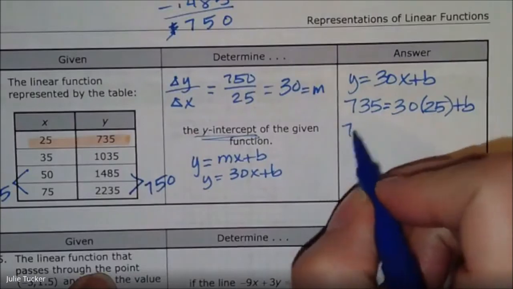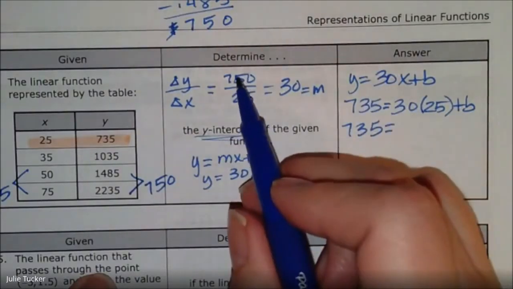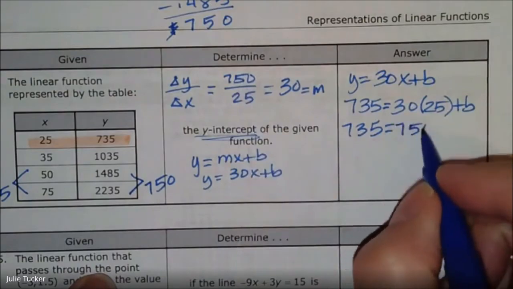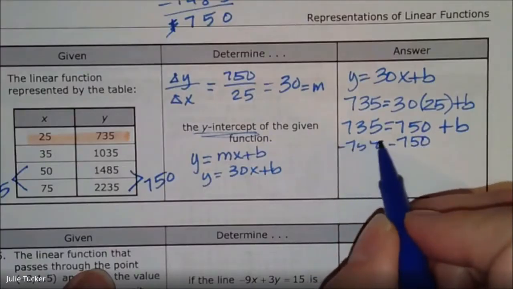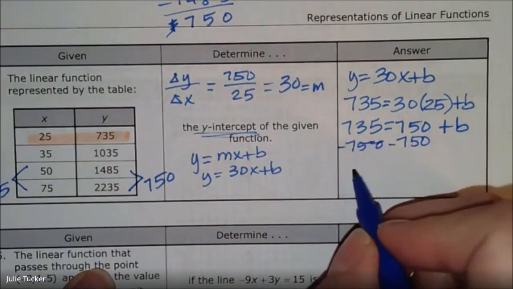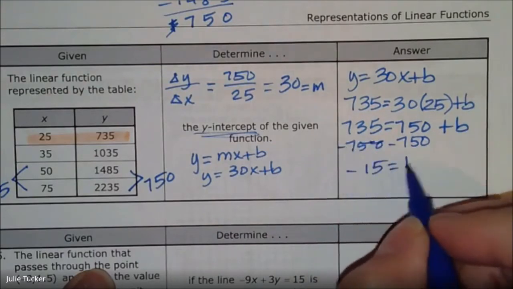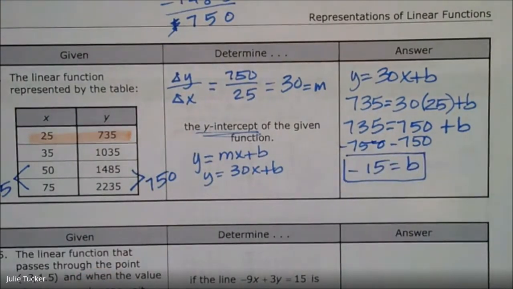And then 30 times 25, we know what that is. That's 750. Then we go, yep, good job. So 735 minus 750 is negative 15. That's our y-intercept, negative 15.